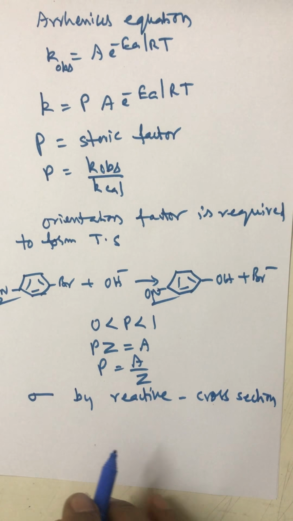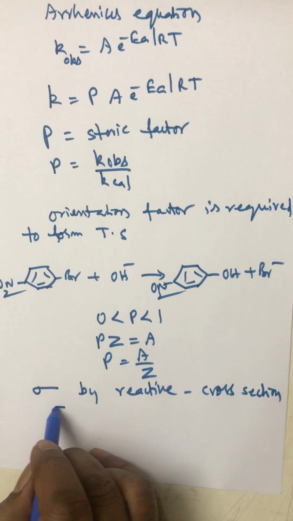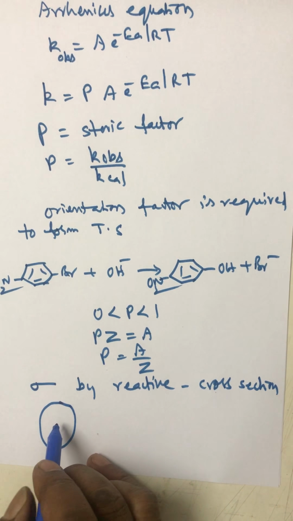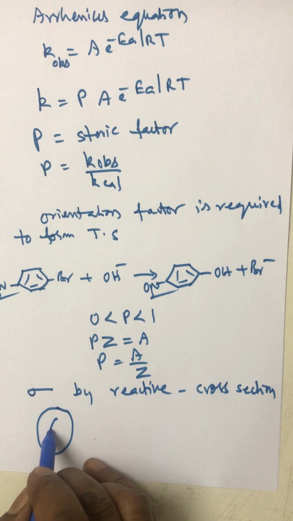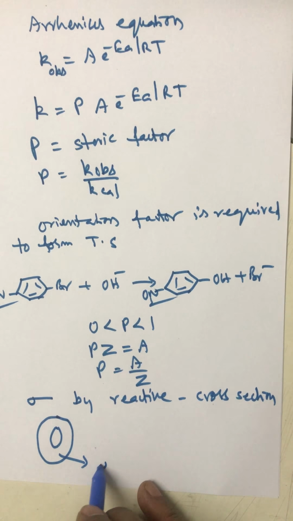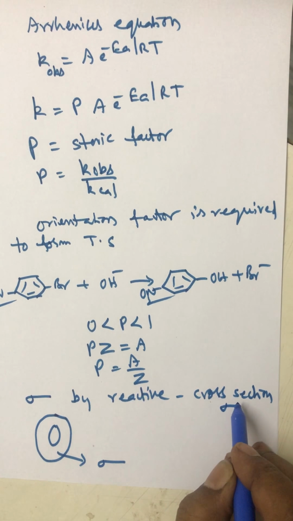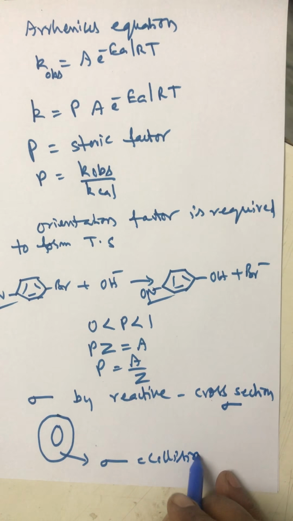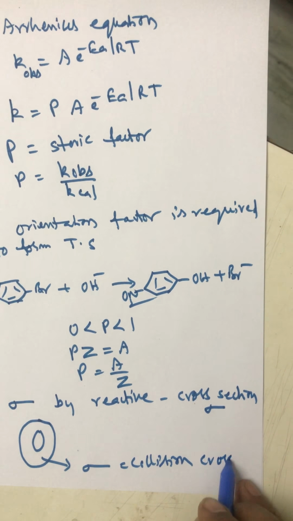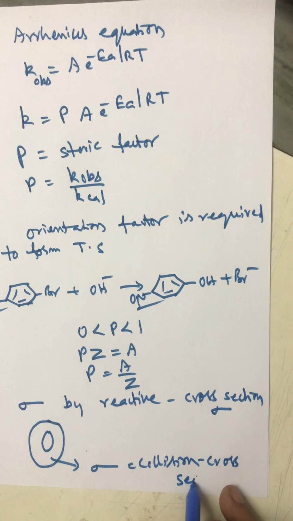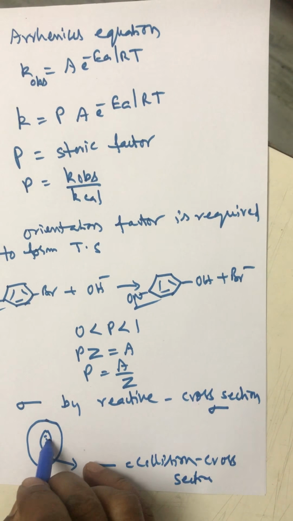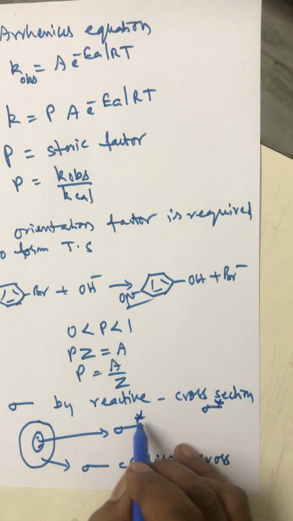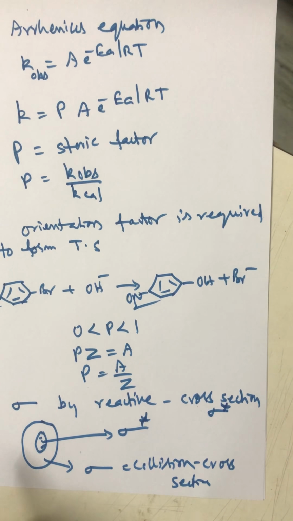This can be viewed in this manner. Earlier we discussed the collision pair. This is said to be the sigma, the collision cross section. This is said to be sigma star. This is the reactive cross section.